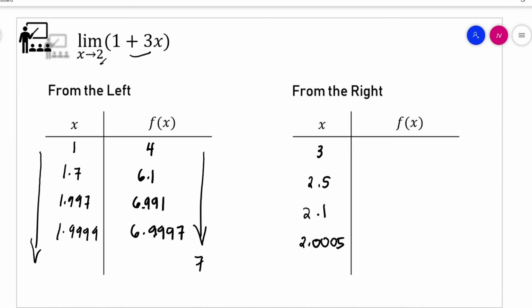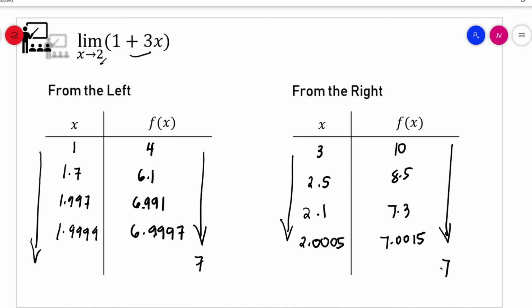So let's say this is the value of our x. So we have for 3, that is 10. 2.5, we have 8.5. 2.1, we have 7.3. And 2.0005, we have 7.0015. So again, if we are going to check as the value of your x approaches to 2, the value of our f of x also approaches to 7.